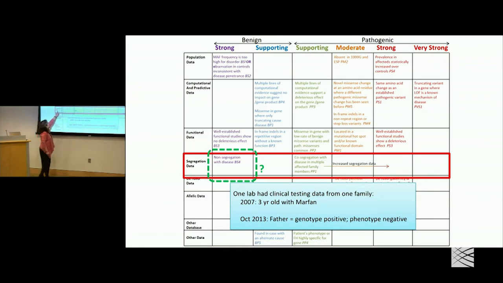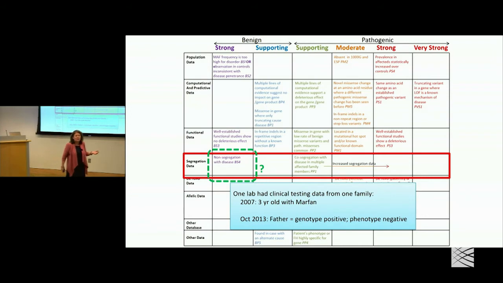So this rule for segregation, non-segregation with disease, is largely talking about phenotype positive, genotype negative. When you see an affected individual and you're looking at a variant and they don't have it, that's pretty good evidence that that variant is probably not causative, assuming you've got a disorder without a high phenocopy rate, right?